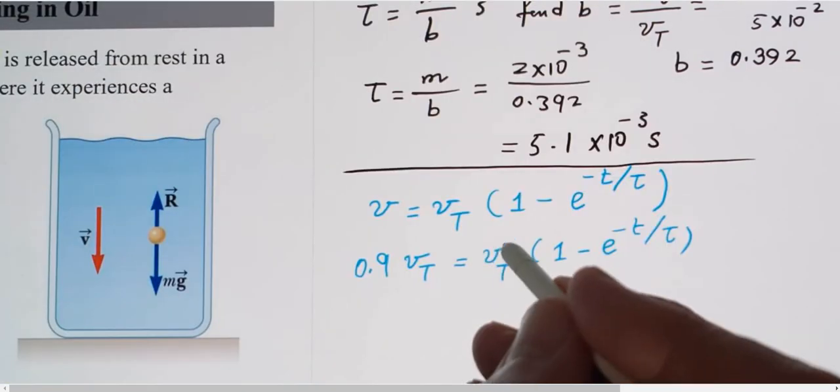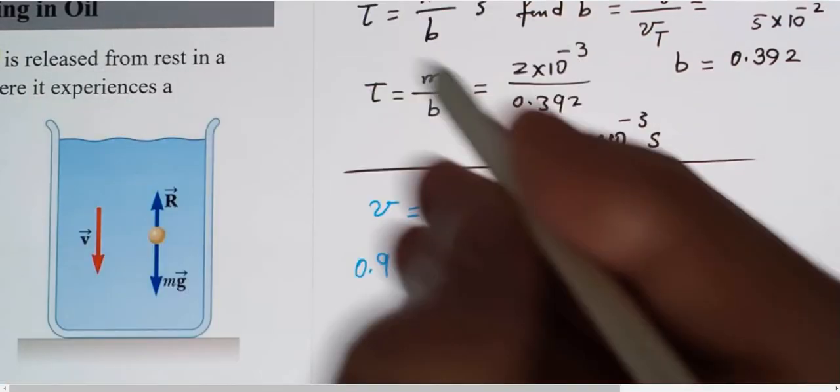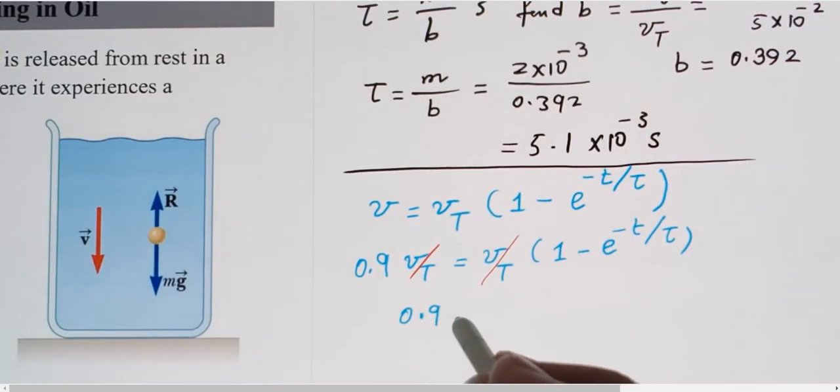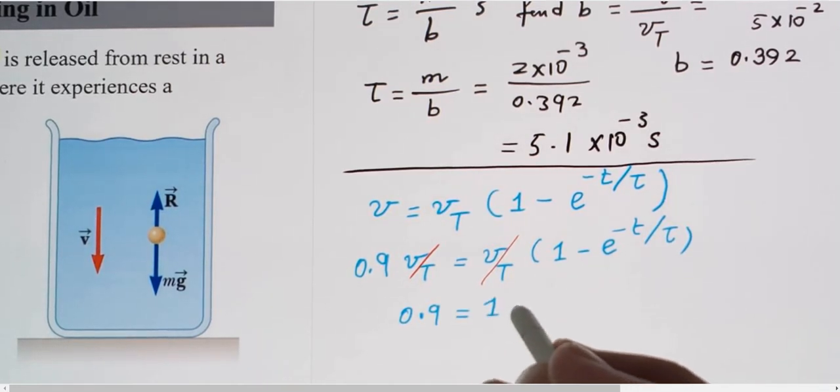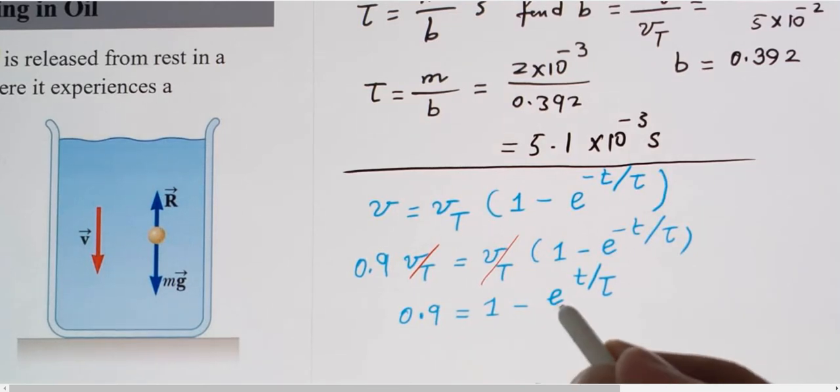V terminal is cancelled. So we end up with 0.9 is equal 1 minus e to the power minus t over tau.